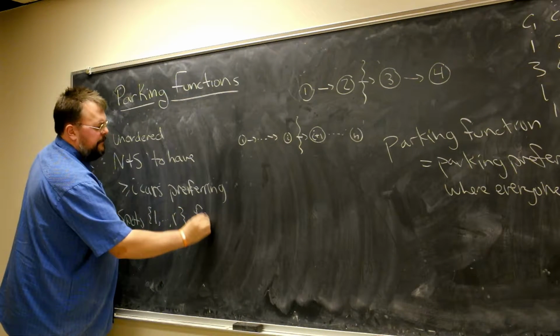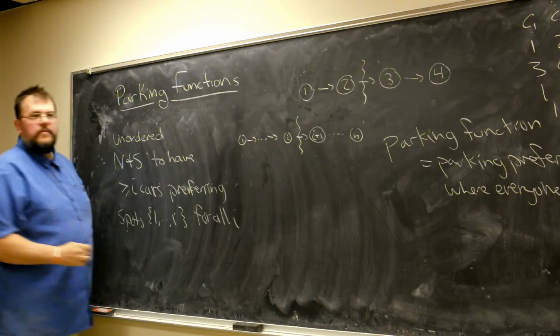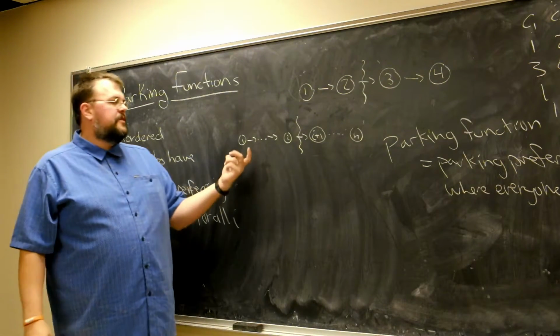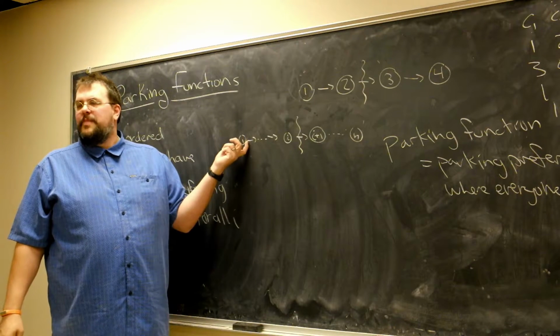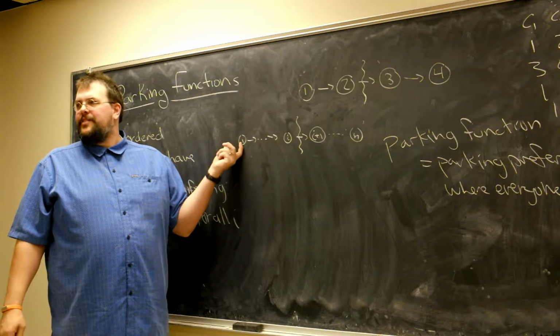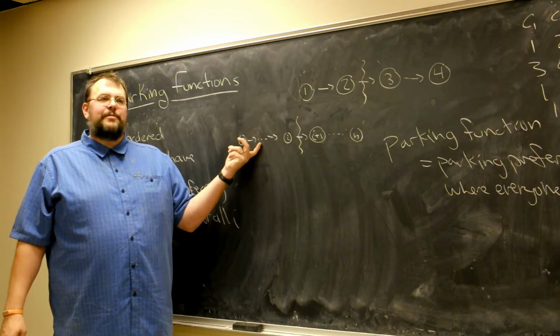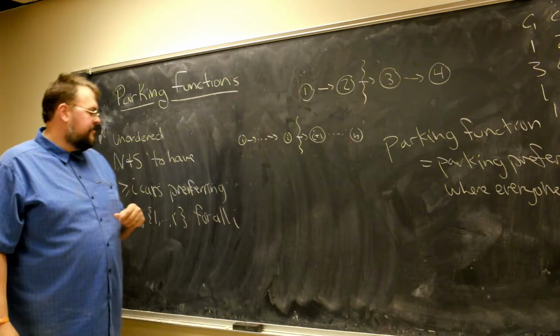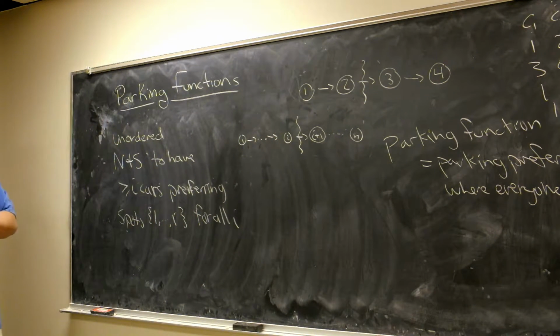This is for all i. It's not so hard to see that it's necessary. It's also not so hard to see that it's sufficient. If at least one car prefers spot 1, you know it can park. If at least 2 cars prefer spot 1 or 2, well, you know at least one is already parked there. So you know there's going to be at least one car available to park in spot 2, and so forth and so on. So how do we translate this?